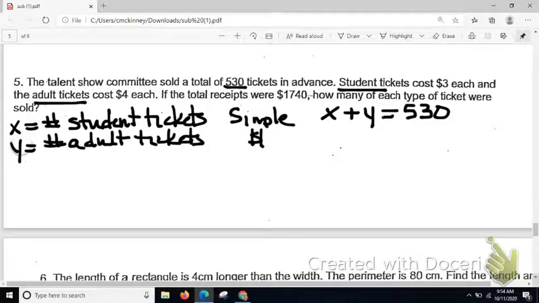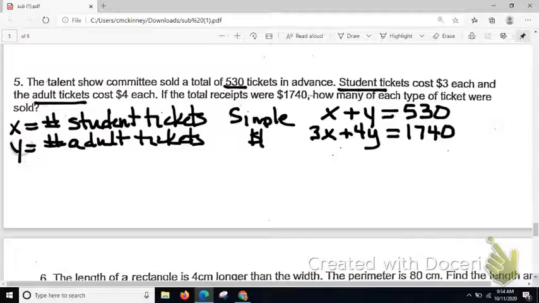So it's so simple we almost overlook it. The other equation, everything with a dollar sign goes in that money equation. So student, $3 each, so that's 3x. Adults, $4 each, so 4y. And the total money, receipts, the total money brought in was $1,740.